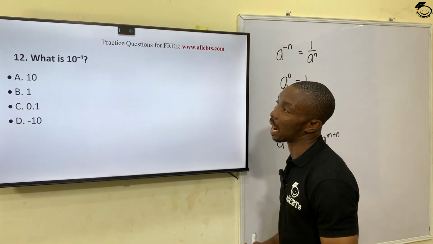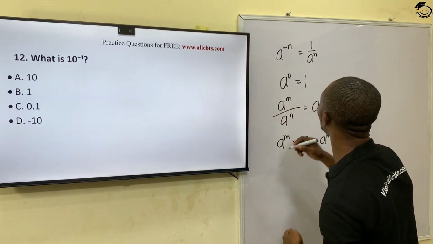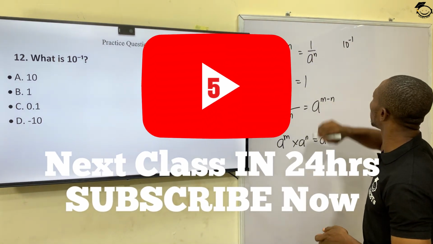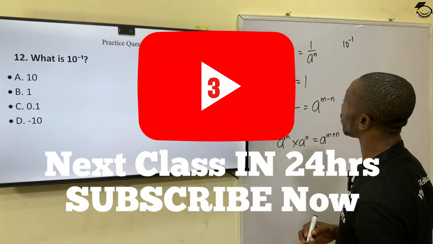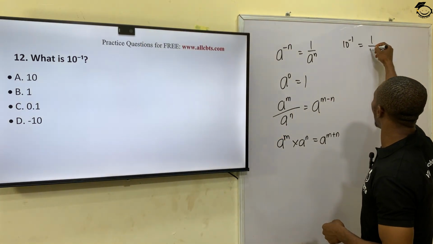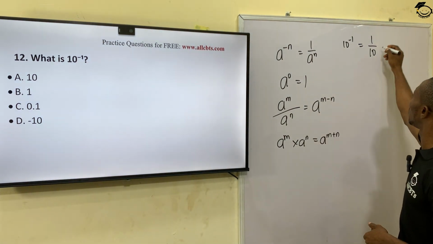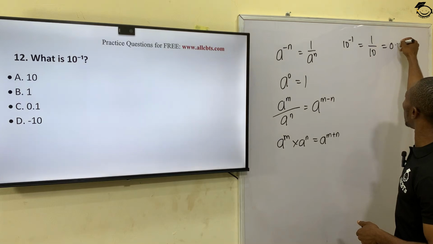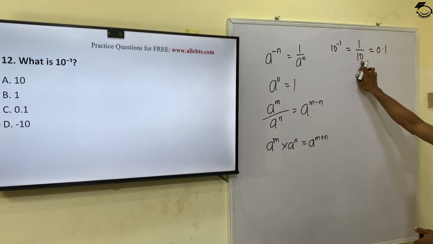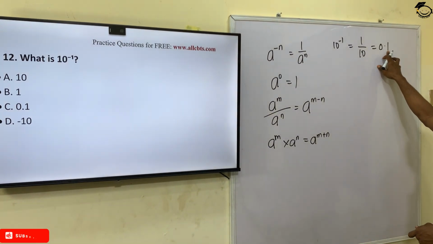Next question we have, what is 10 raised to power minus 1? Now, looking at 10 raised to power minus 1, it is 1 over 10. All right, and we know that when we have 1 over 10, we have 0.1 because we have one 0 here. That means after our decimal, we are only having 1 digit.